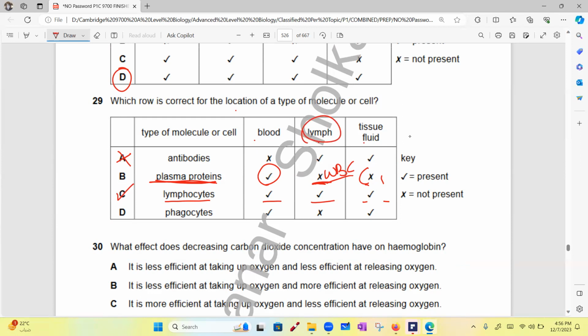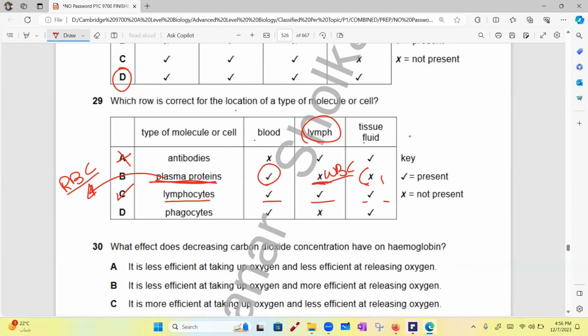Isn't it that plasma proteins shouldn't be in the tissue fluid? They did not mention which. They're not specific. If they said specifically red blood cell, of course it will not be present in the tissue fluid. But some plasma proteins are small enough to move out of the capillaries.